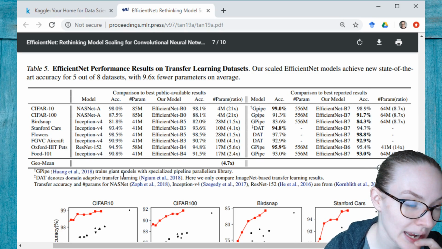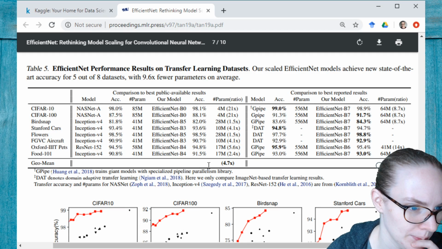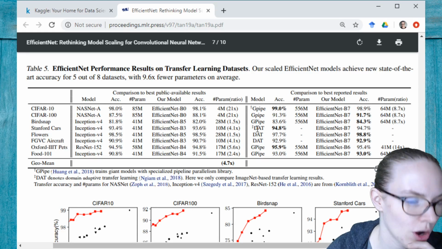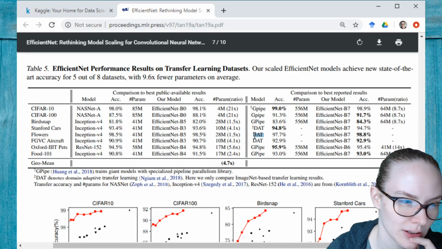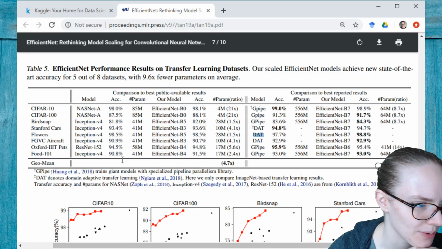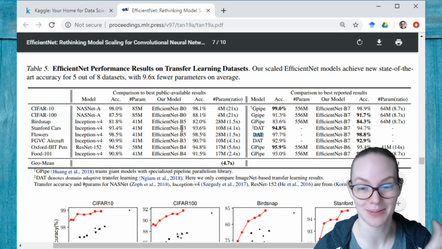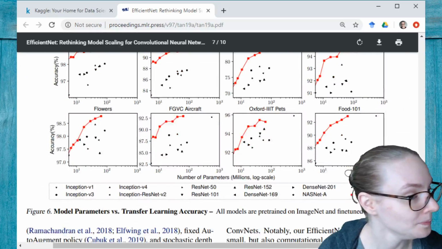GPipe trains giant models with specialized pipeline parallelism library. Okay, so domain adaptive transfer learning. So, okay, so this is not actually a specific model? Ooh. I'm not super familiar with this. Let me put it this way. I've never heard of DAT before. That doesn't mean it's not good. It's just I'm not familiar with it.